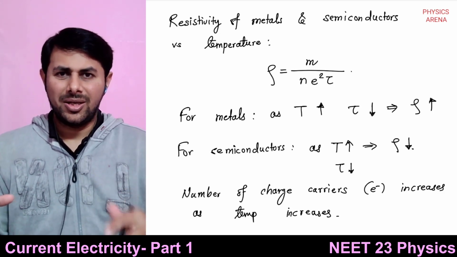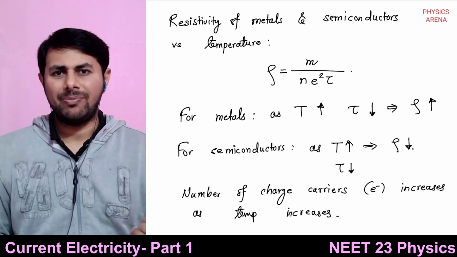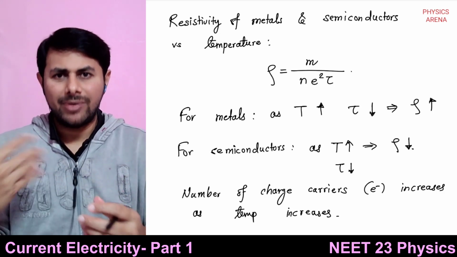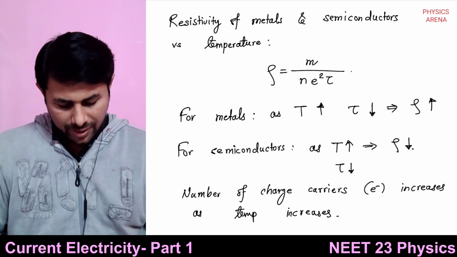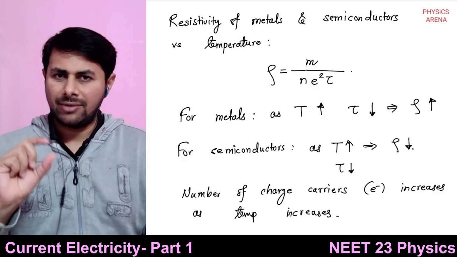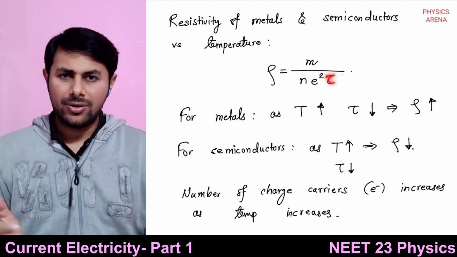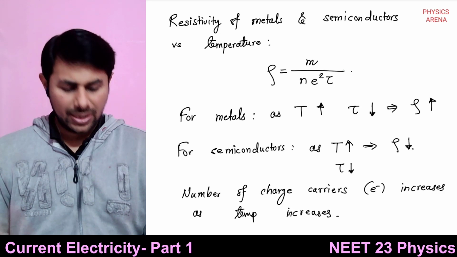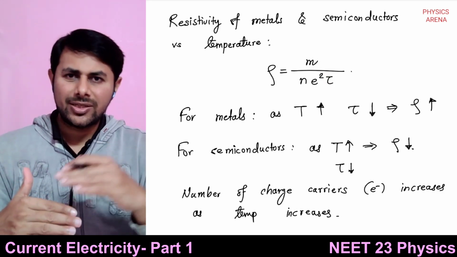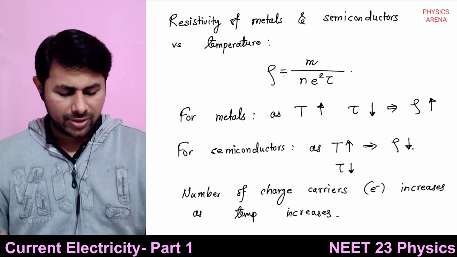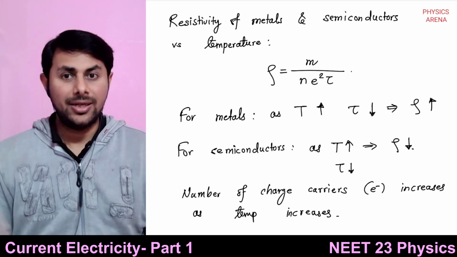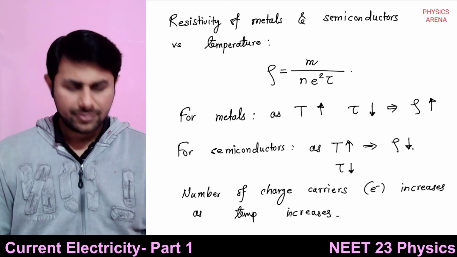So now, if you increase the temperature, what will happen? Time between collisions for available electrons will decrease and cannot increase anymore. So at some limit, n will be a constant and tau decreases. Then the resistivity will start to increase because it's inversely proportional to tau.